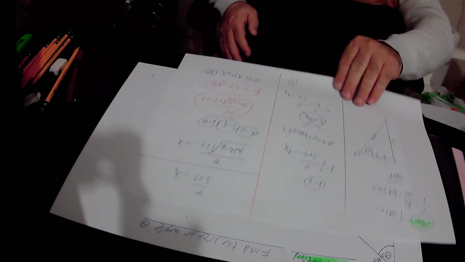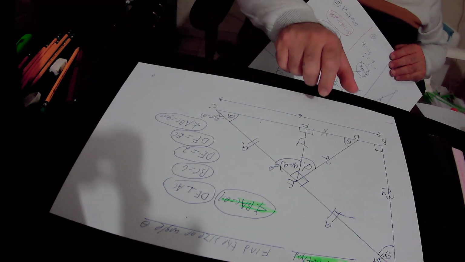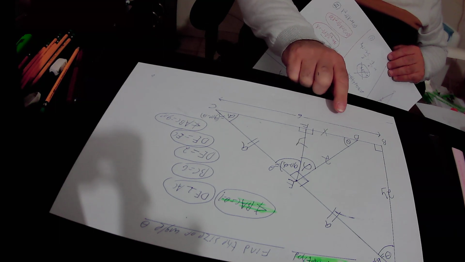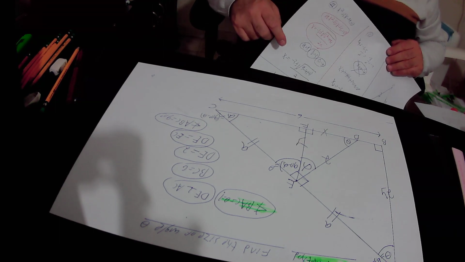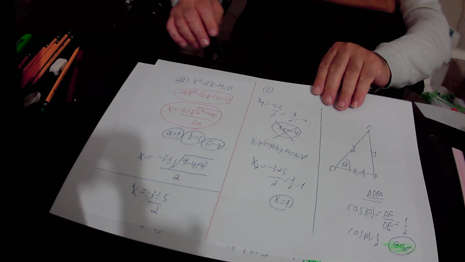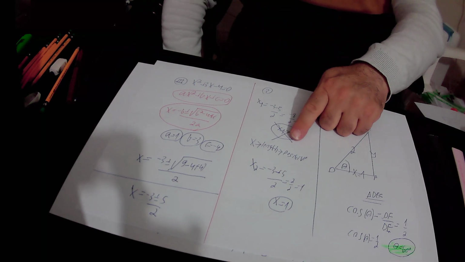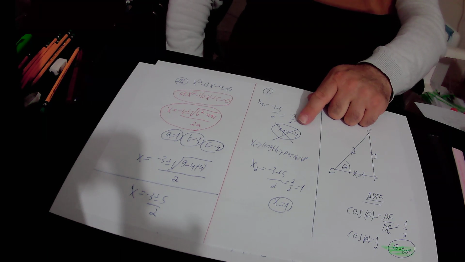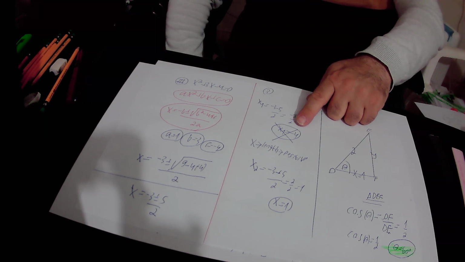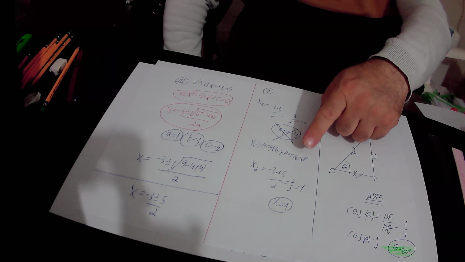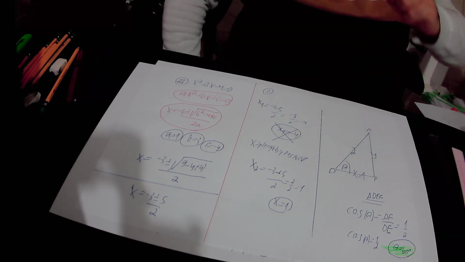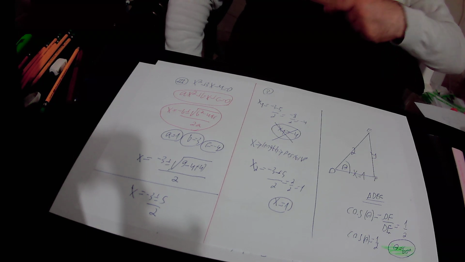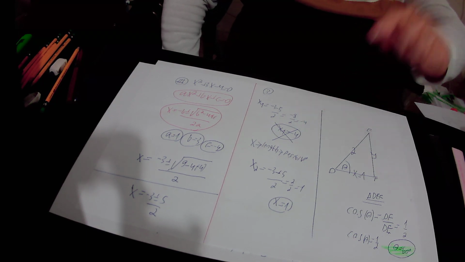But because x is a length, the length of side DF in the right triangle DEF, it must be a positive number, so it cannot be negative. We cancel this solution, and we are left with x2 equals minus 3 plus 5 over 2. Minus 3 plus 5 is 2, and 2 over 2 is 1. So x equals 1.